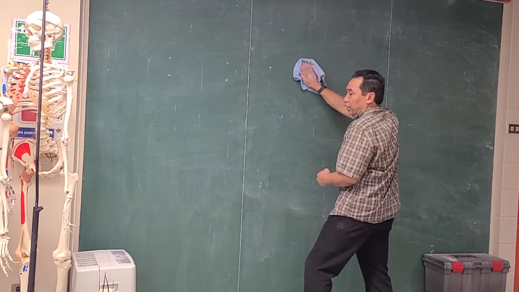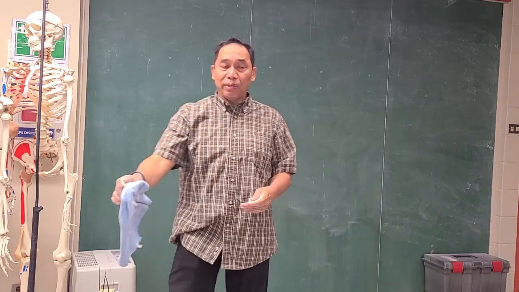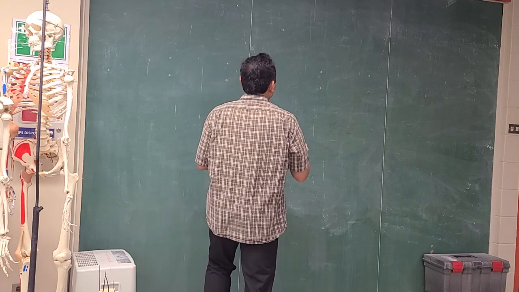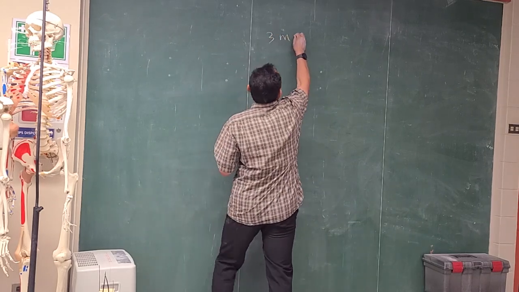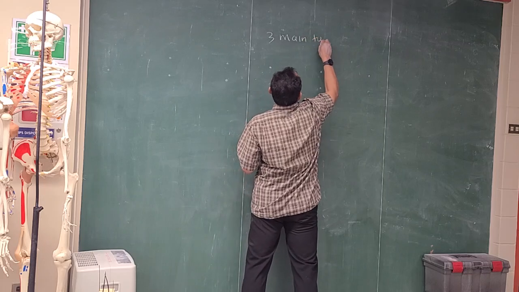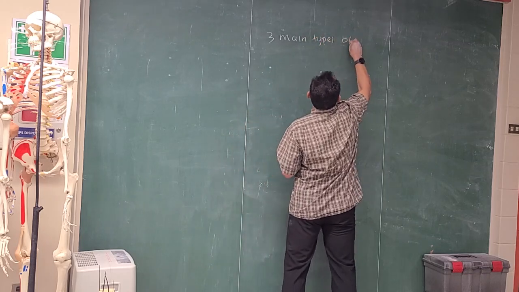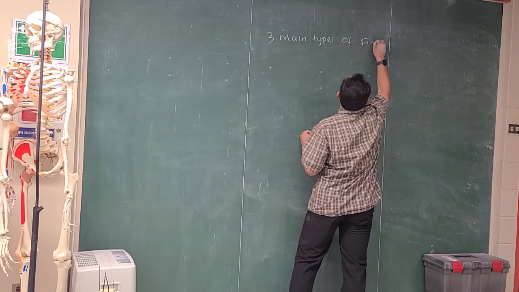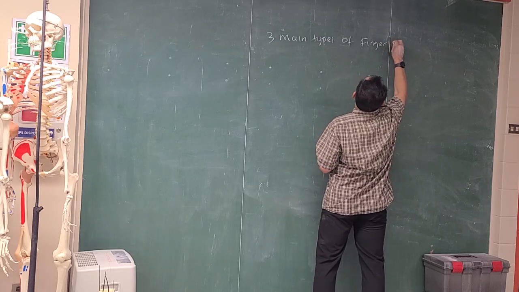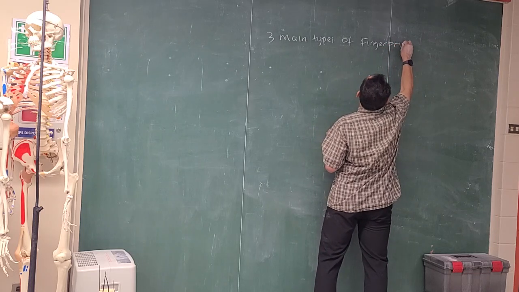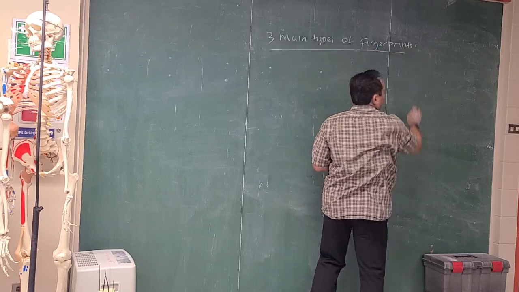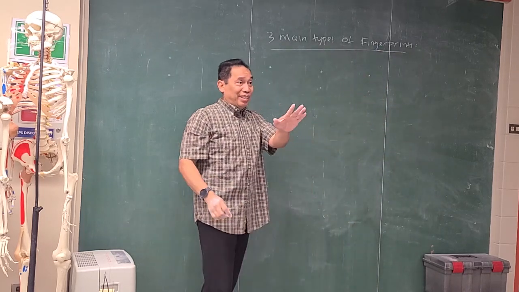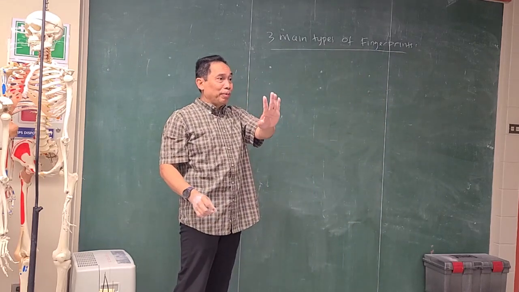I need it today, so make sure you submit it today after you perform that activity. There are only three main types of fingerprints. Based on this information, you should be able to give the formula of your fingerprints, because you're going to do the formula of fingerprints over there.